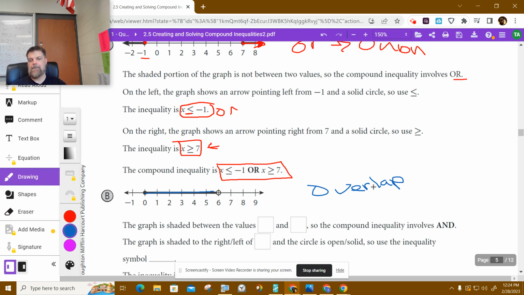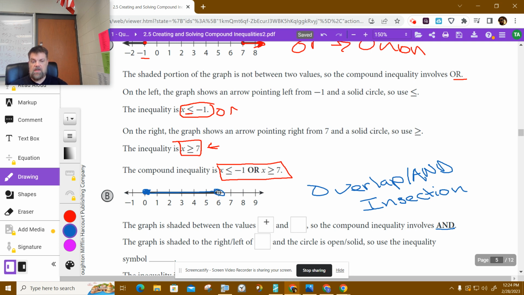Overlap. So that means it's an and. Why does it say and? Because an overlap is an intersection. When you put these inequalities together, they're going to overlap. Now, on 0, I got a closed circle, but on 6, I have an open circle.